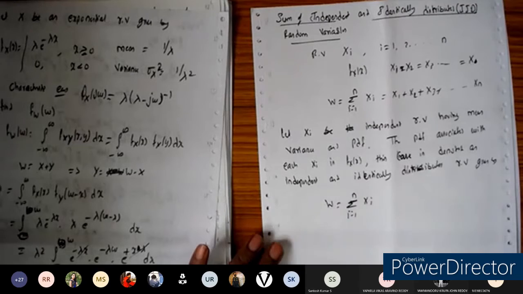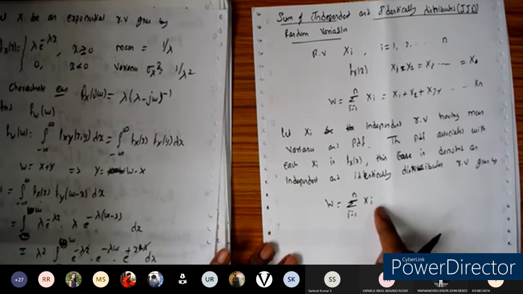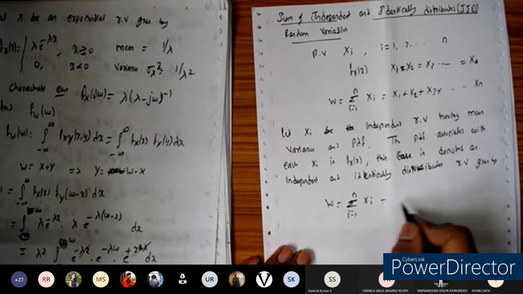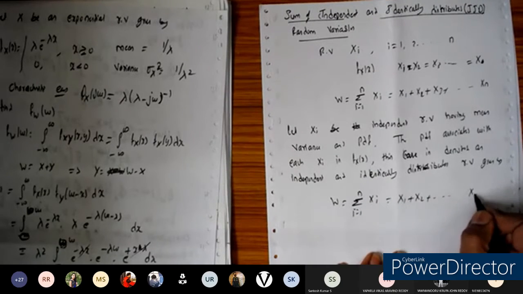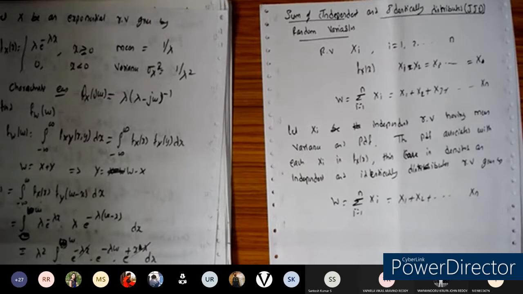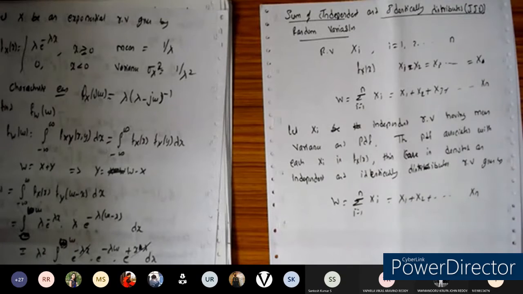So it is a sum of independent and identically distributed random variables. It can be taken as X1 plus X2 and so on up to Xn. These are independent and identically distributed random variables.